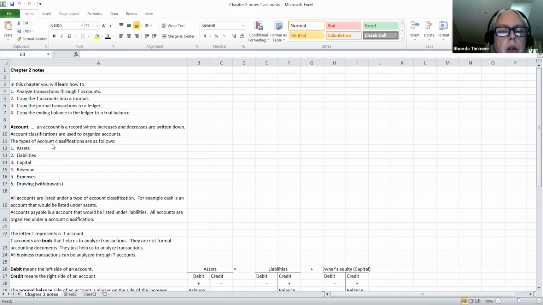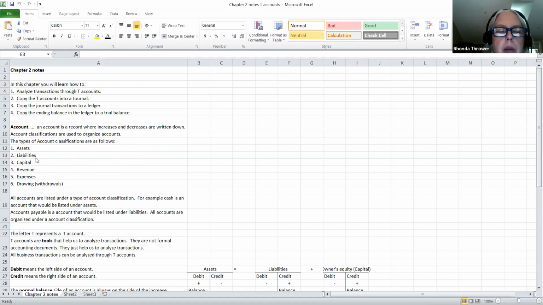So what we're doing in this chapter is we're going to further organize the information through what we call T accounts. And before we put them in T accounts, we're going to need to know what the account classifications are. They are assets, liabilities, capital, revenue, expenses, and withdrawals.